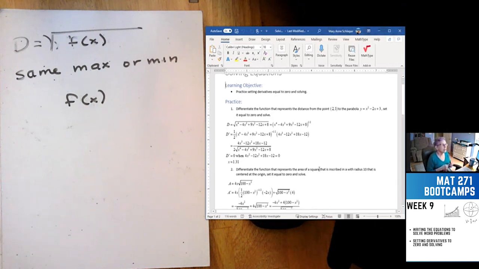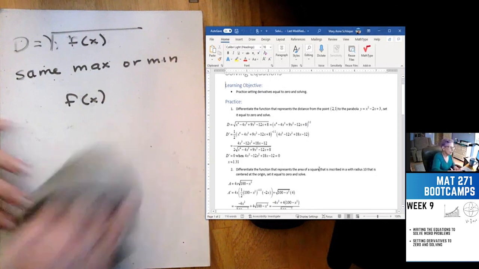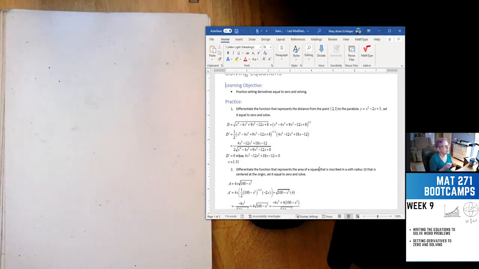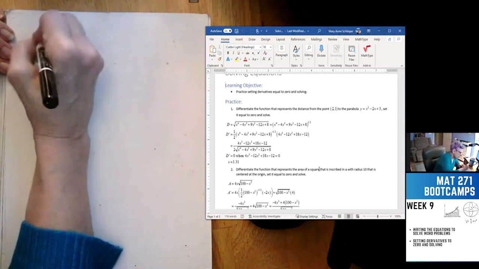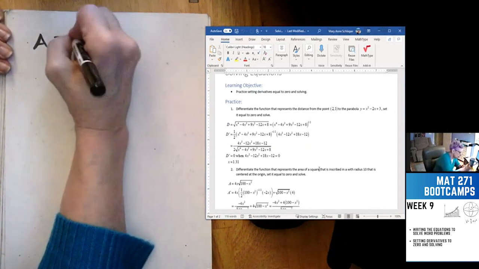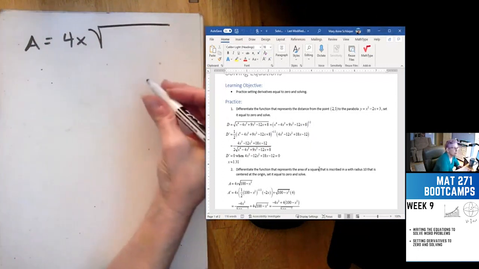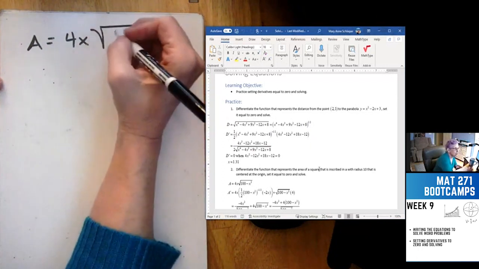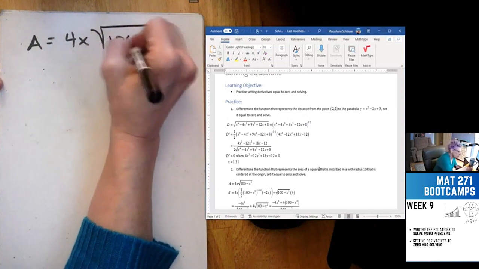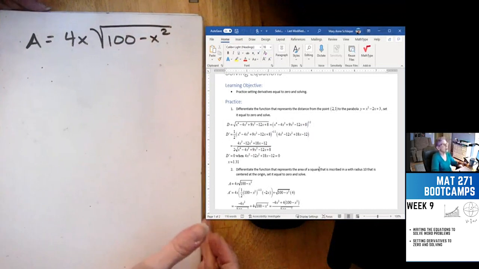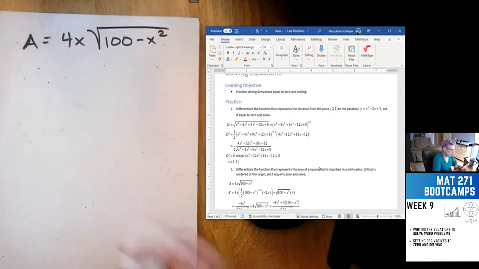All righty, let's look at the circle one. And I'll write it down correctly this time. So my area is equal to 4x. That was the width of my rectangle. Well, 2x was the width, and then 2 times the square root of 100 minus x squared was the height of my rectangle.